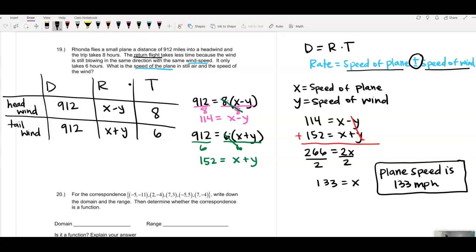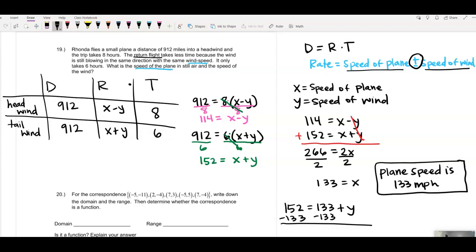Now I need to figure out the speed of the wind, right? And again, I can go back up and use that 114 equals x minus y. Actually, I'll do the 152. That'll make it a little bit easier. So if I do the 152 equals 133 plus y, and then to get y by itself, I just need to minus the 133 over.